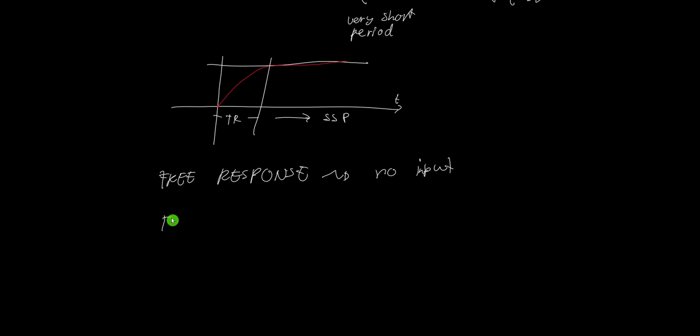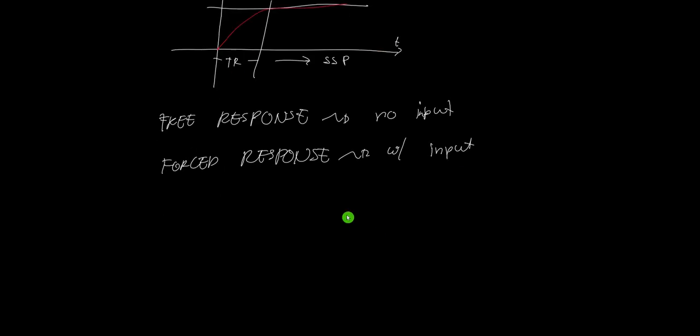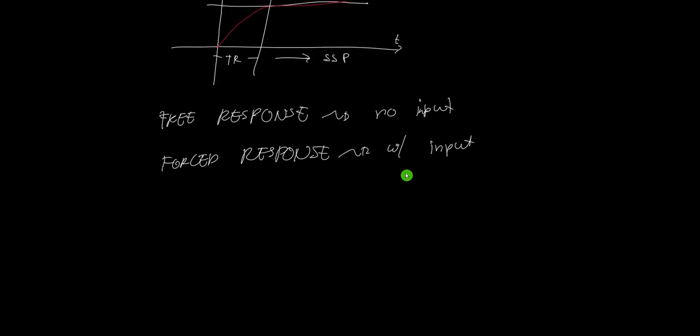But if there is an output, even though there is no input, then that's called the free response. Another one is the forced response. The forced response is our response with input. What's the output if we have an input? So this is free response, no input. Forced response, we have an input.